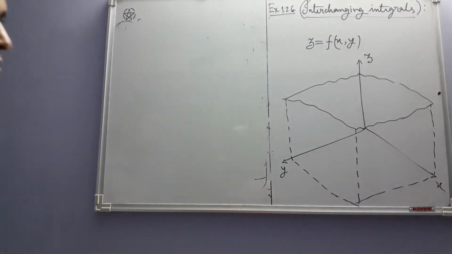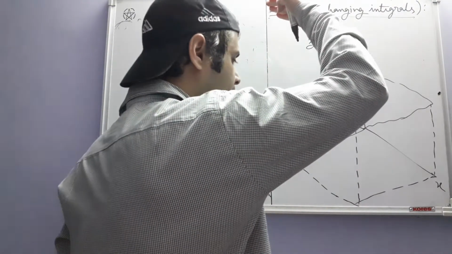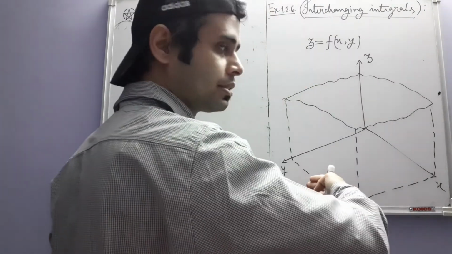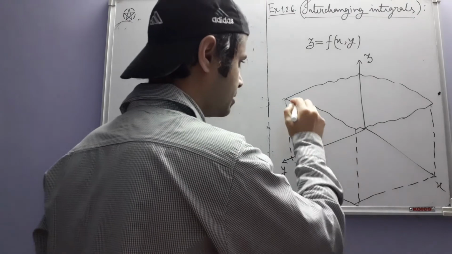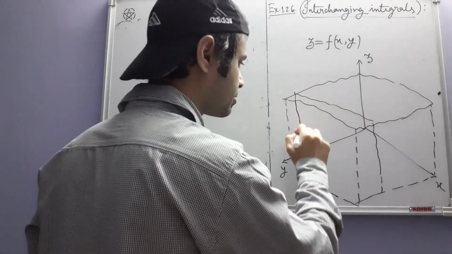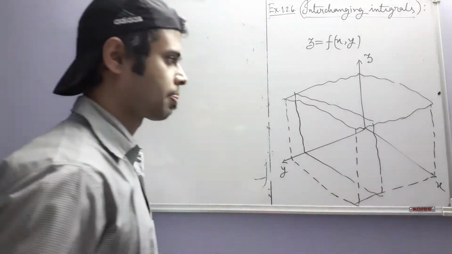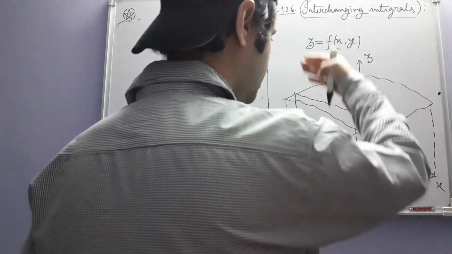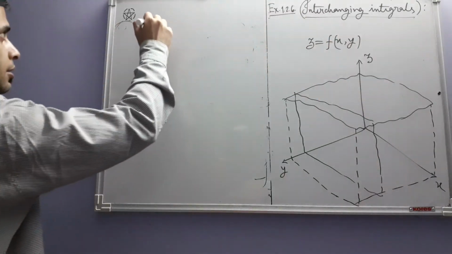So what we can do is slice the volume with some slices along the x-axis. That is, we can consider cross sections like this, which are parallel to the y-axis.